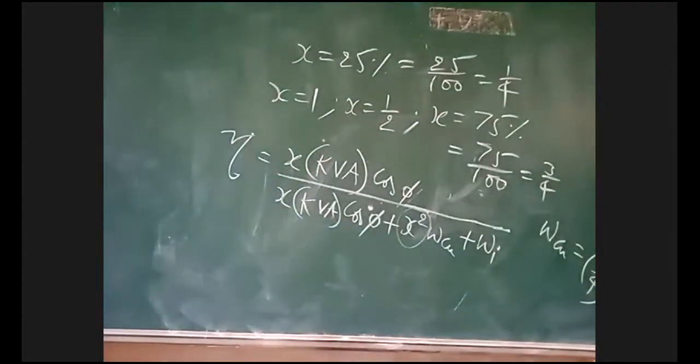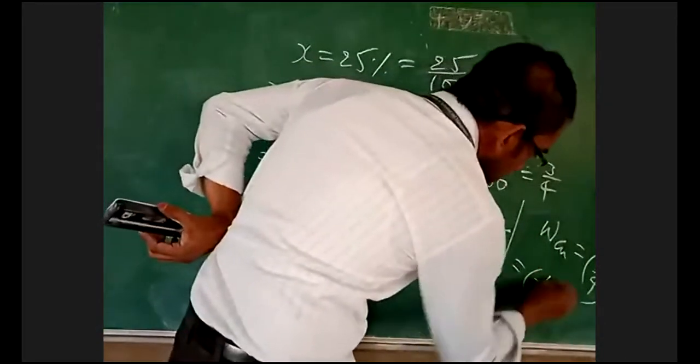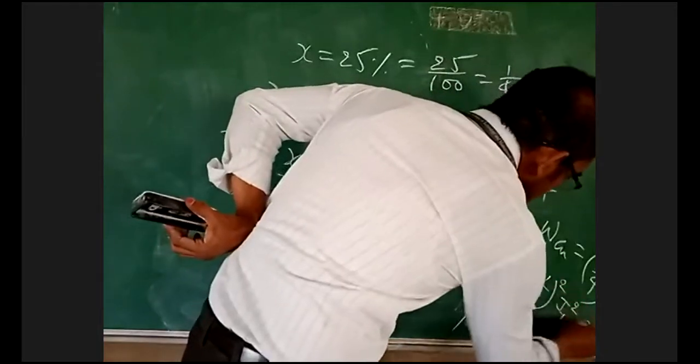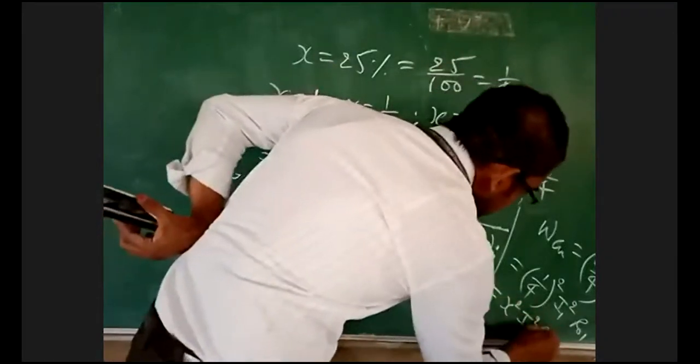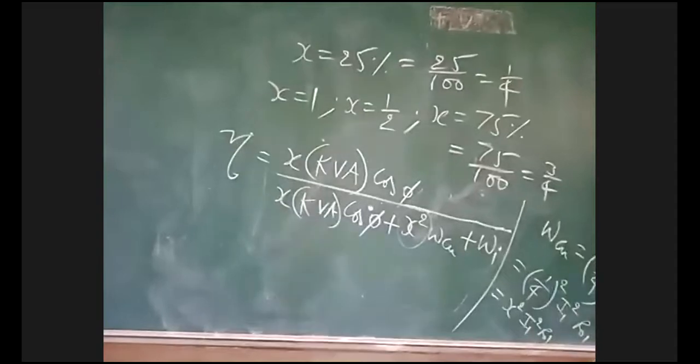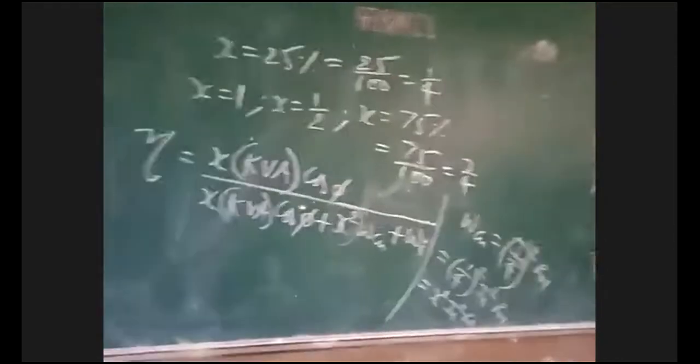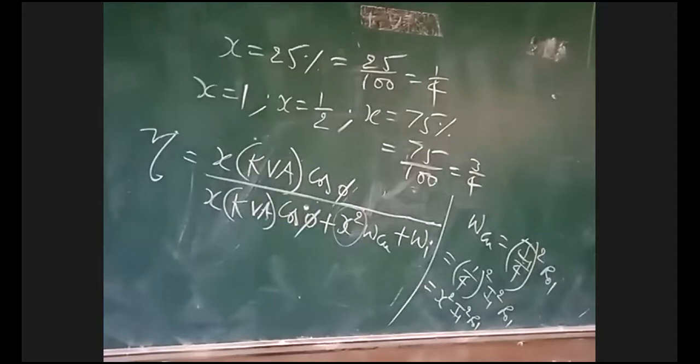Then you get (1/4) square I1 square R01. That is X square. If you take 1/4 load, I1/4 whole square into R01, that is X square into I1 square R01, X square into WCU.